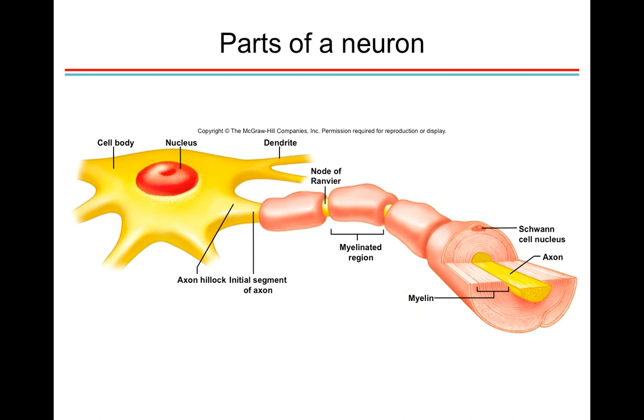So if we look at this image of the neuron, I want to point out that it has a cell body, and inside the cell body we see a nucleus.